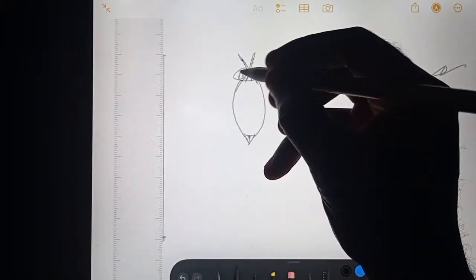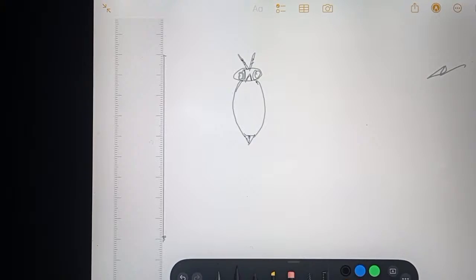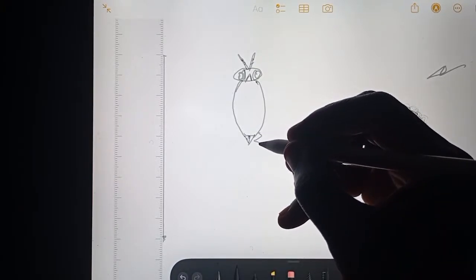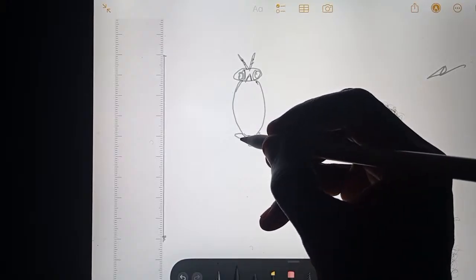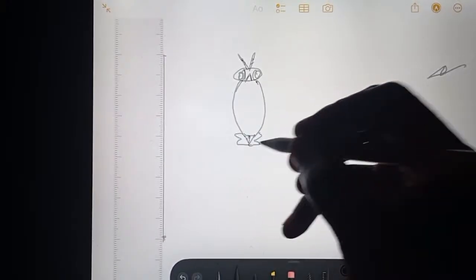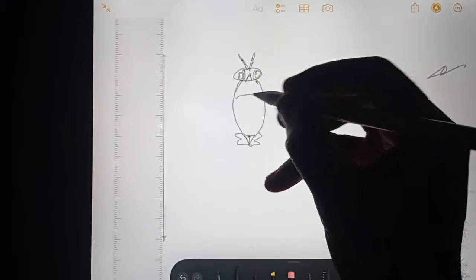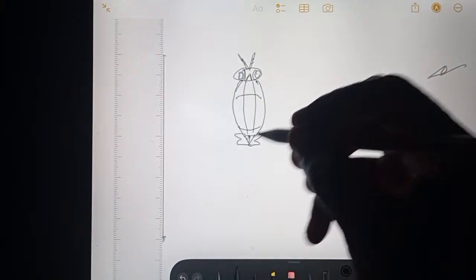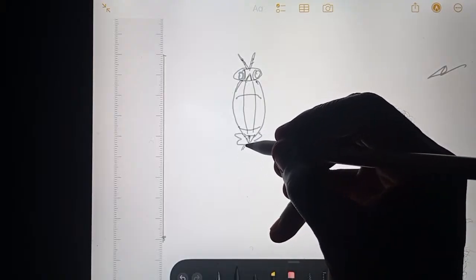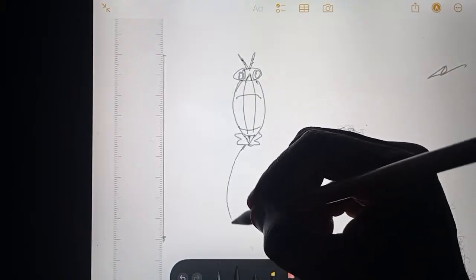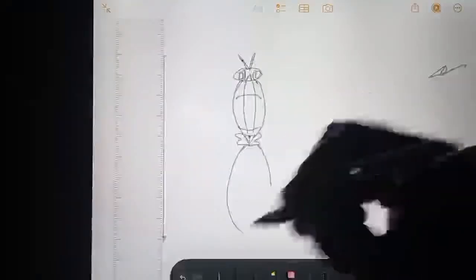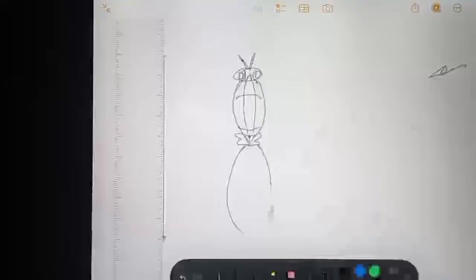So to show that this is the eye, remember shading is not allowed. Then here you can have a V shape structure, the metathorax. Then put a line here. You see how I started? Put a line here, put a line here. And then you have to put your abdomen a bit bigger.